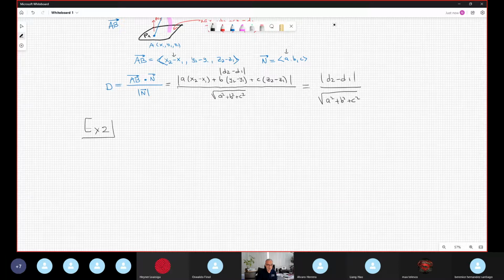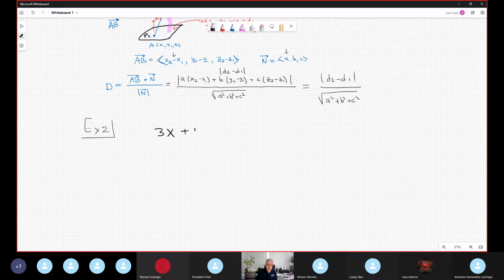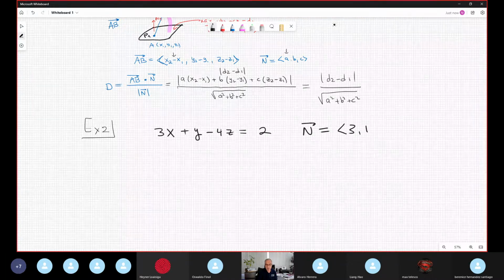Example 2. In example 2, we have two planes. 3x plus y minus 4z equal 2. So you can see clearly that the normal vector is 3, 1, -4.